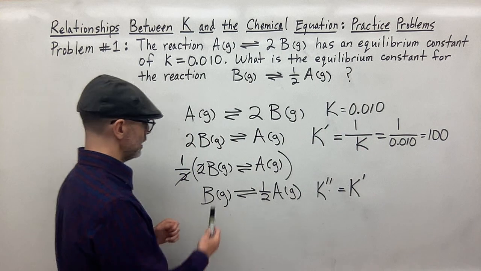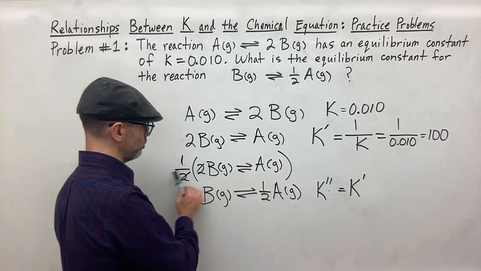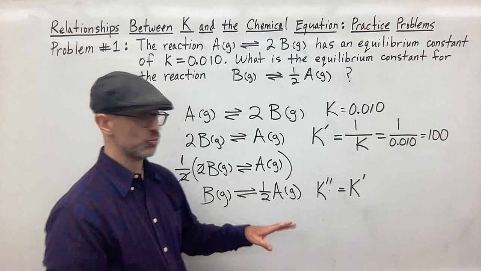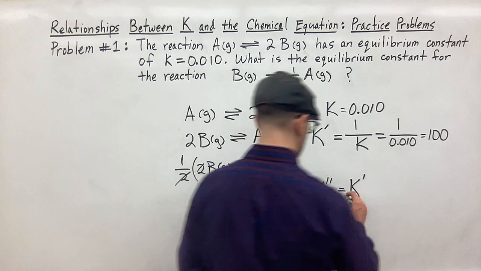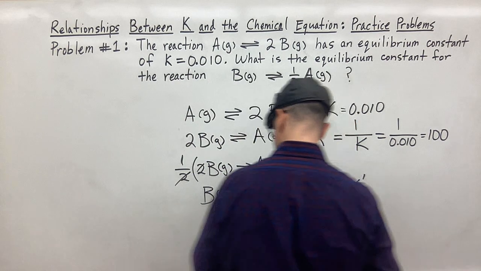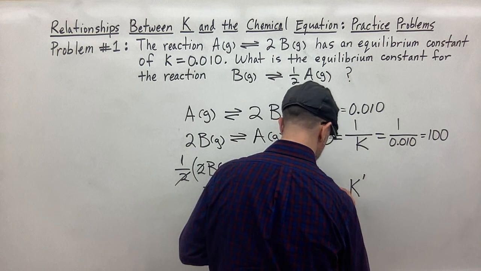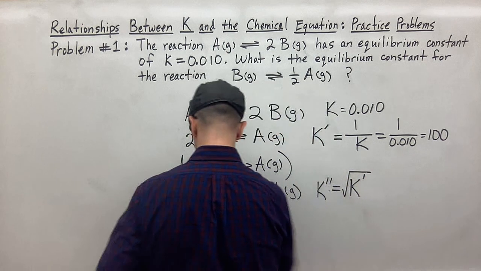But since I multiplied this equation by 1/2, I'm going to have to raise this to the 1/2 power, right? So this is equal to the square root.